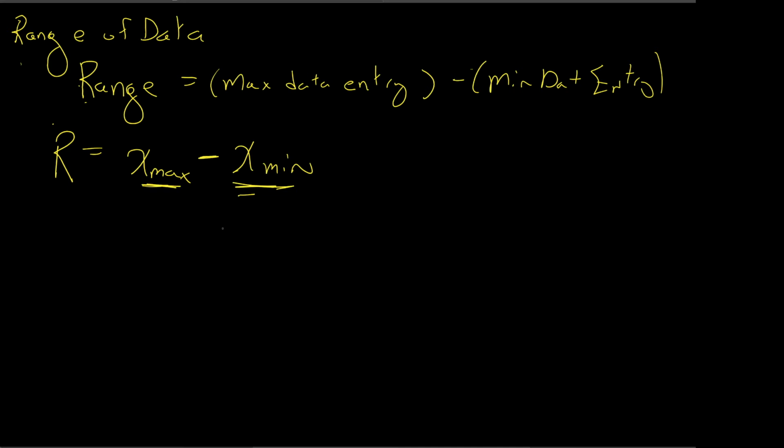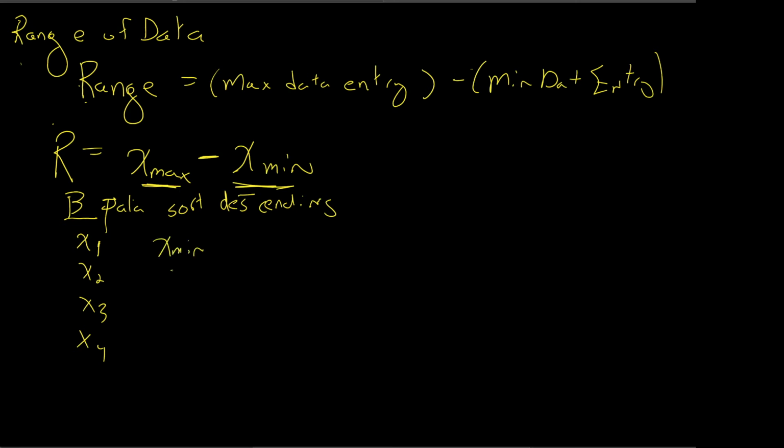Now, Excel is really helpful for us because if we get some column, let's say column B, we have all of our data entries in here, x1, x2, x3, x4, and so on, and we go to the data option and we sort descending, it'll find the minimum value and it'll put it in here, and then it will give us the maximum value. In fact, there's also functions to find min and max.